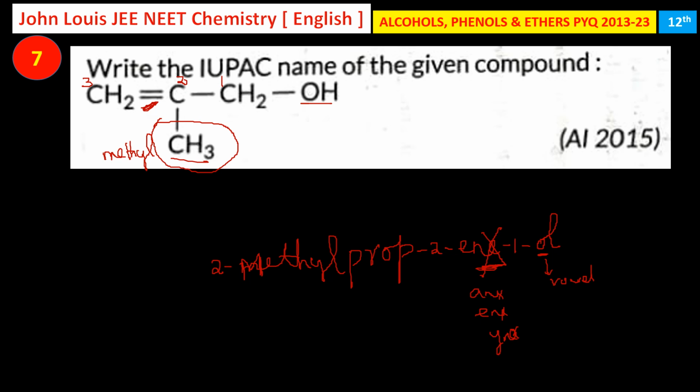If it is not a vowel, this e should be retained. That's the only rule you have to remember very well. So therefore, what is the IUPAC name of this compound? 2-methylprop-2-en-1-ol. Hope you understood and it's clear to you.